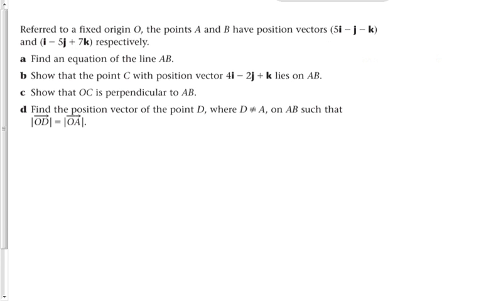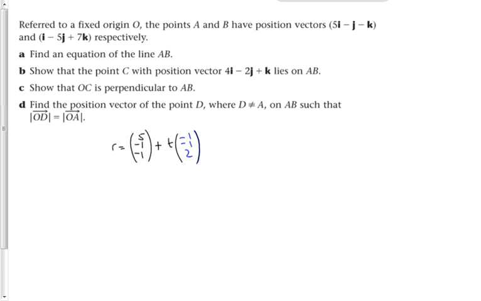Now part B says show that the point C with position vector 4i minus 2j plus k lies on AB. Exactly the same as question 10 almost. So please see my video tutorial on question 10 if you haven't already done so. Okay, so from part A, here's our equation of the line.